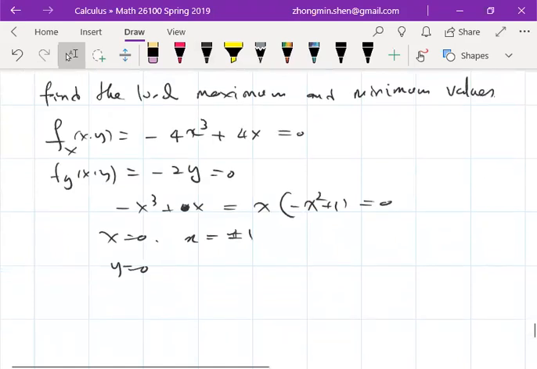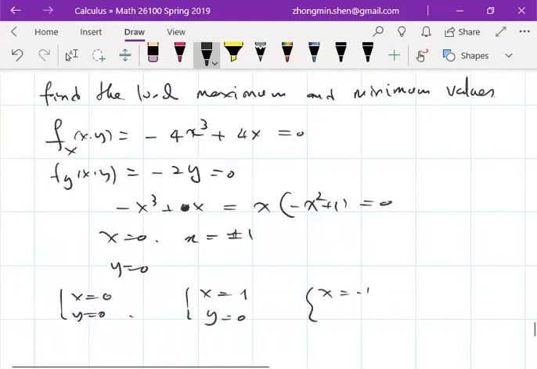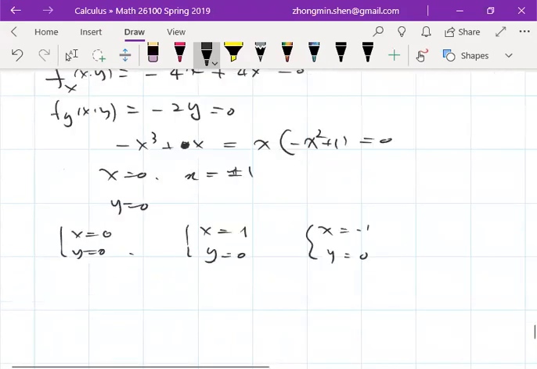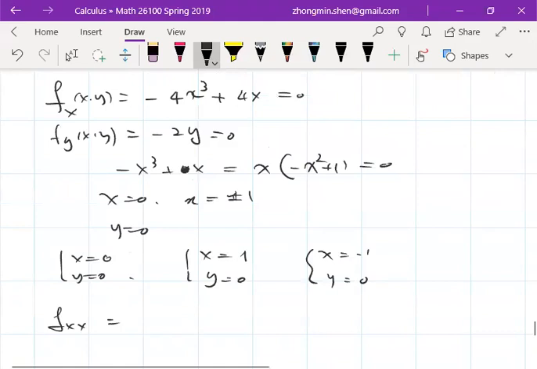Okay, in order to check whether the function has a local maximum value or local minimum value at those 3 points, I need to calculate the matrix. Right, so the matrix is going to be the second derivative. fxx is going to be negative 12x squared plus 4.